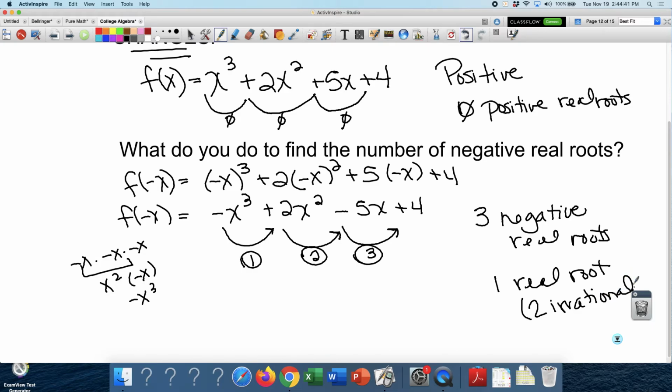Now, you don't have to put the 2 irrational, but what we're going to do in order to get the number of reals, we're going to subtract 2 every time because of the 2 possible irrationals. So I have 3 negative reals or 1 real because of 2 irrationals. But all I'm looking for is 3 or 1. You're going to subtract by 2.